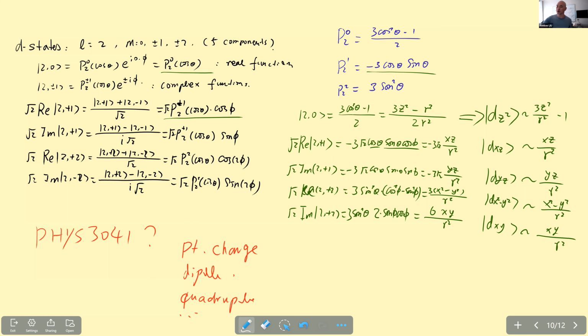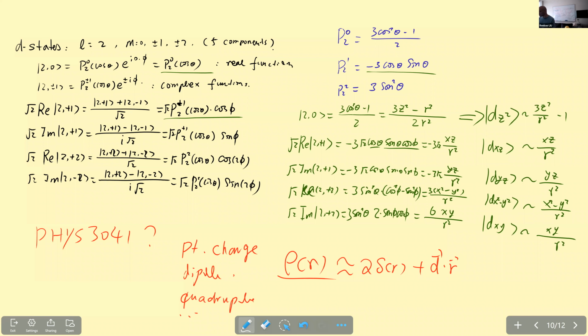And then any charge distribution can be written as, so if I have a charge density, this can be approximated as a charge Q times a delta function, right? So this is just a point charge. And then you have a dipole, something like this.